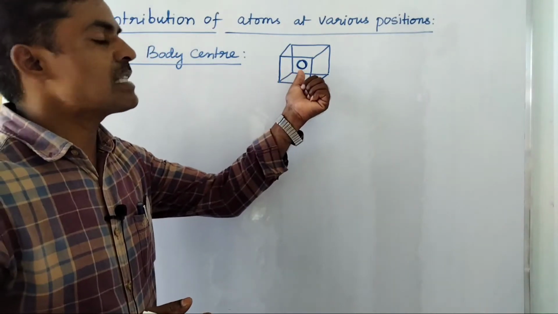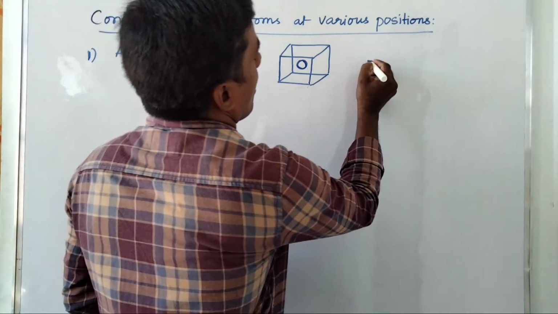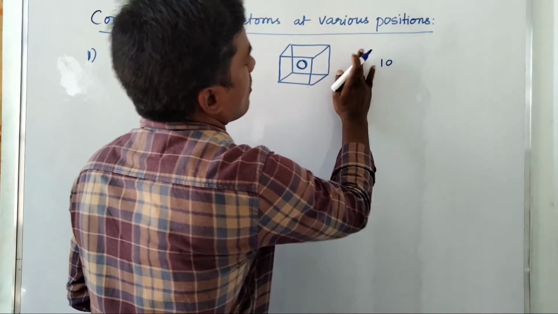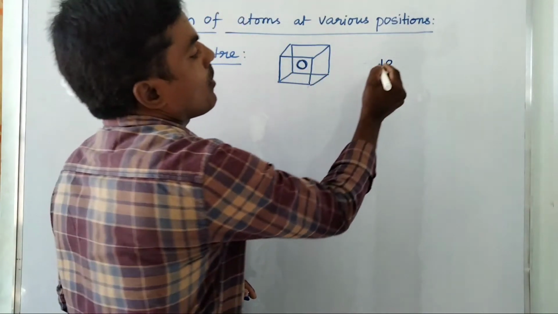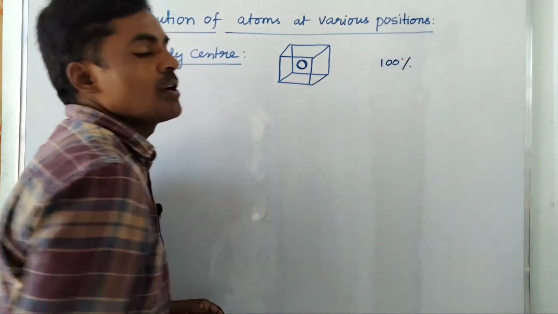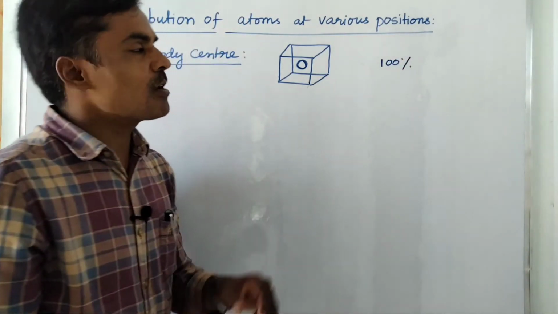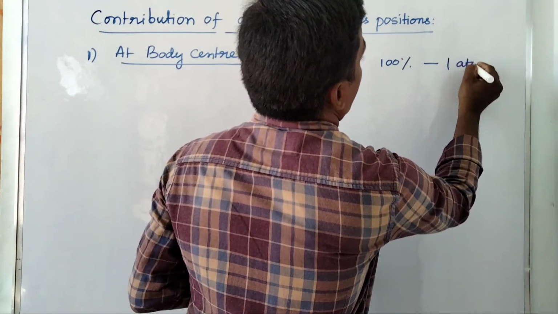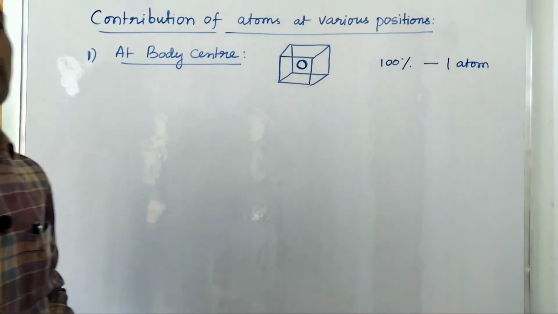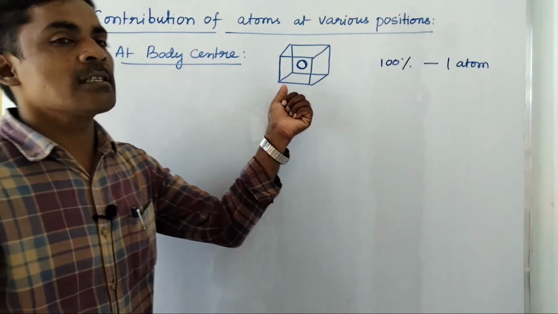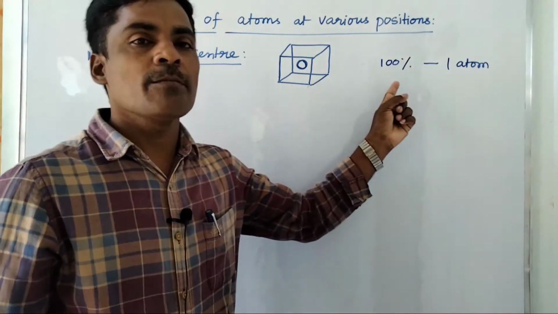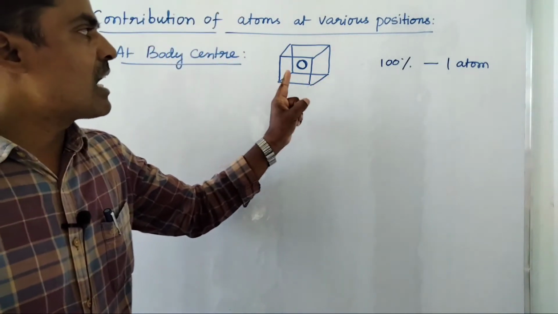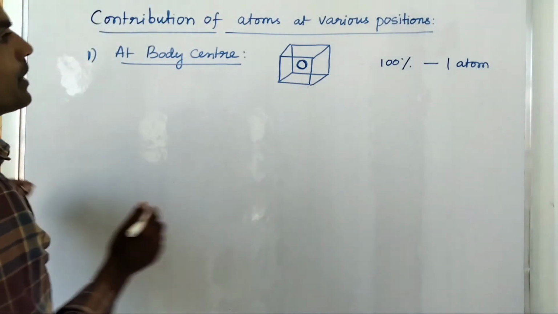The contribution of this atom per unit cell is 100%. How many atoms are present at the center of the body? Only one atom. So the contribution of an atom at body center is 100%, which equals one atom, because only one atom is present at the center of the body.